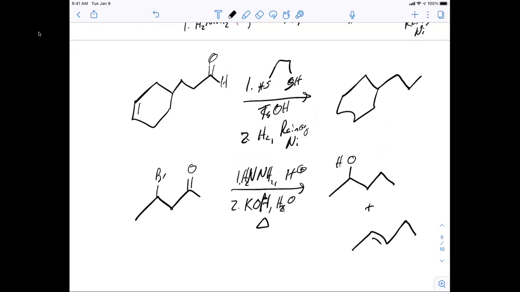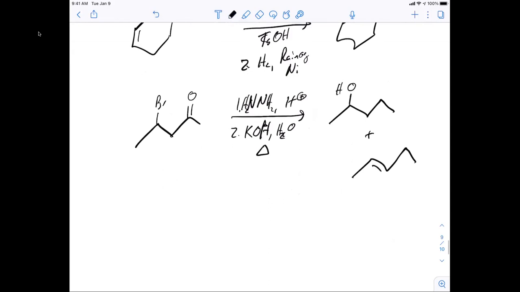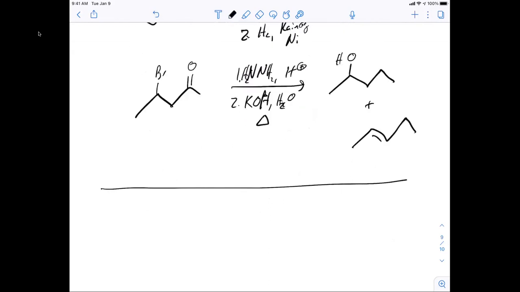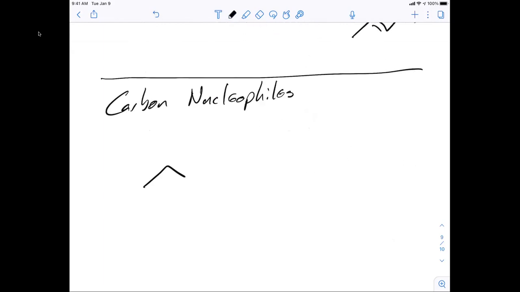All right. I know we covered a lot, but we still have some more to cover today. So we did nitrogen, did sulfur. Now we're going to do carbon nucleophiles. One of these we've already looked at, which is the Grignard.